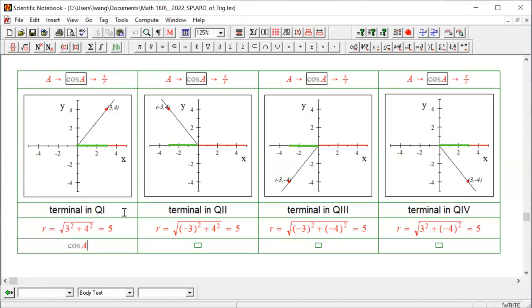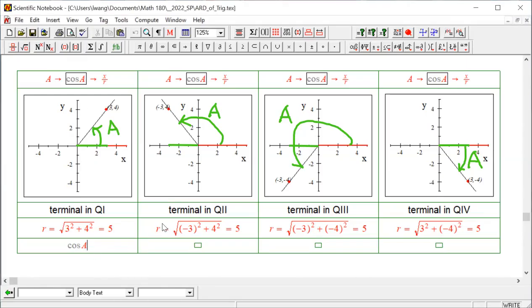So cosine A, whatever angle we end up with. This angle A, for example, and this other angle A, or this angle A. They're different angles, and for these different A's, they terminate in different quadrants.